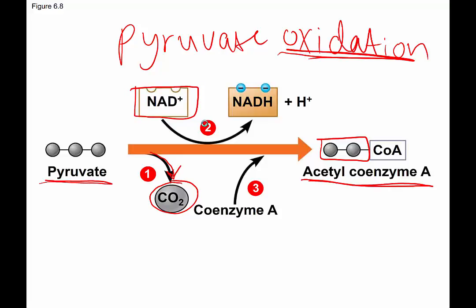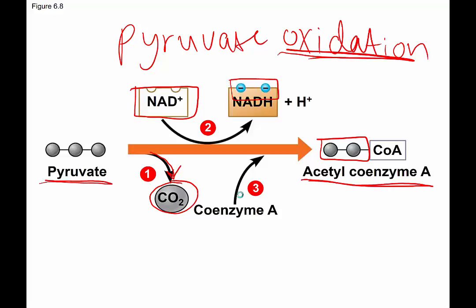So this is step 2 of pyruvate oxidation. And again, Leo goes Ger, gain electrons reduced. You can see NAD+ has gained 2 electrons and now is NADH. So it has become reduced in this step. So essentially, pyruvate oxidized, NAD+ reduced.